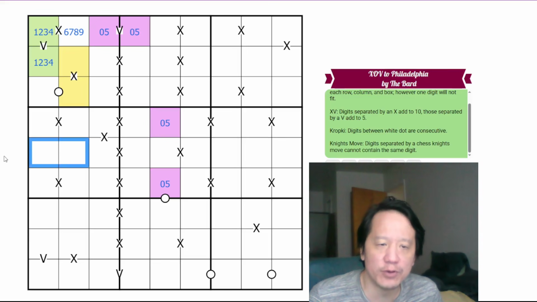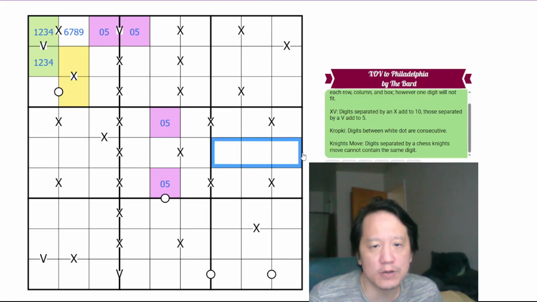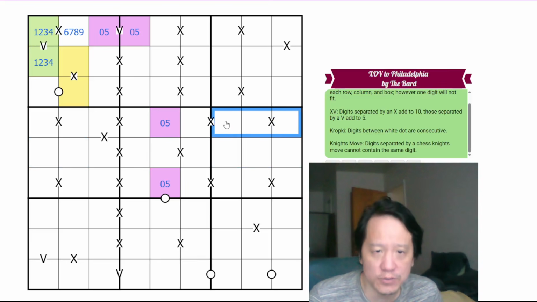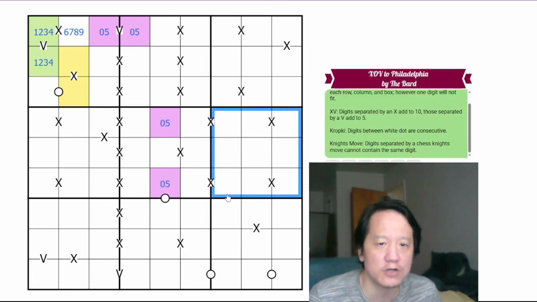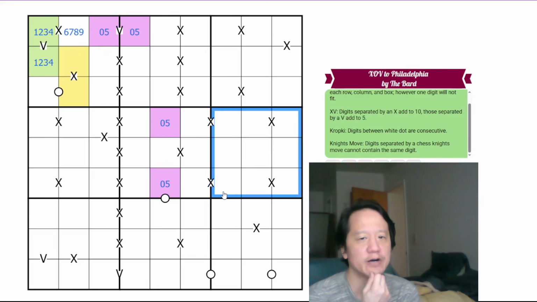If both 0 and 5 are here, the problem is they cannot be here in this box, and they also can't be any of these cells in this box, which means in this box there is 2 out of 0 or 5, which is not in the box, but that means we only have 8 digits for 9 cells, and that's not going to work.